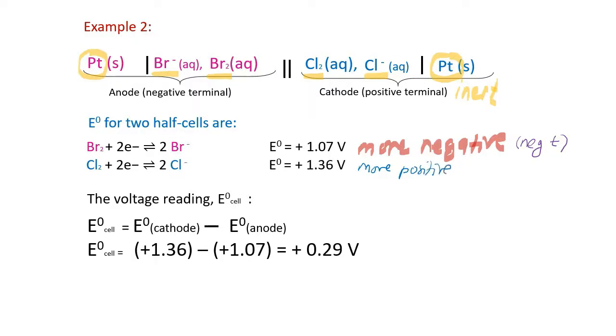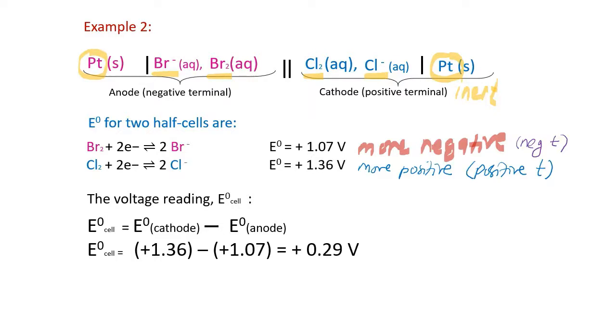That's why chlorine and chloride are situated at the positive terminal. How do you know where each substance is situated, whether at the negative or positive terminal?